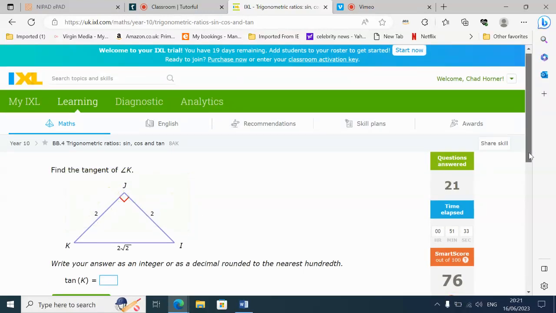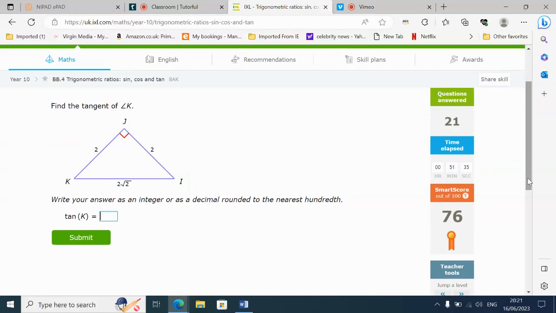Okay, so we've got the lengths, which is great. We don't need to do Pythagoras' theorem, but we do need to know how to work out tan. So how do you work that? Tan is opposite over adjacent.